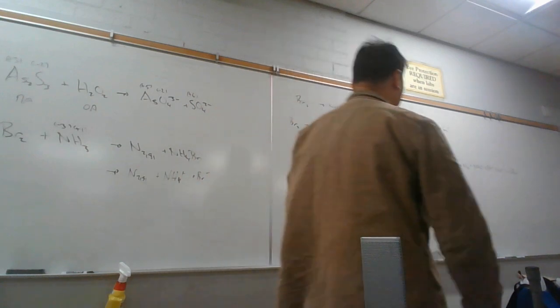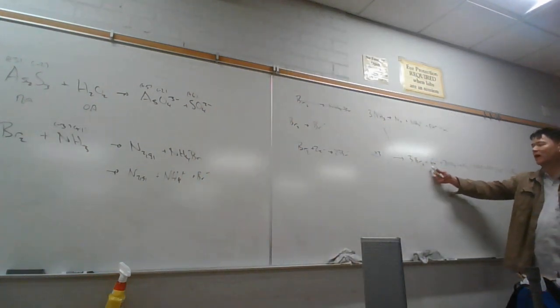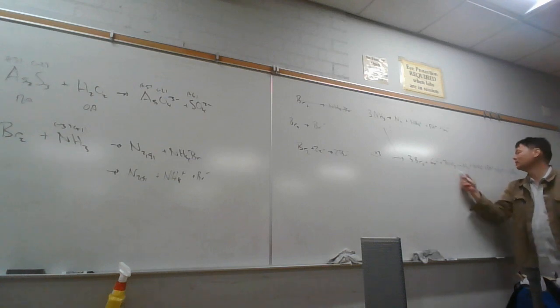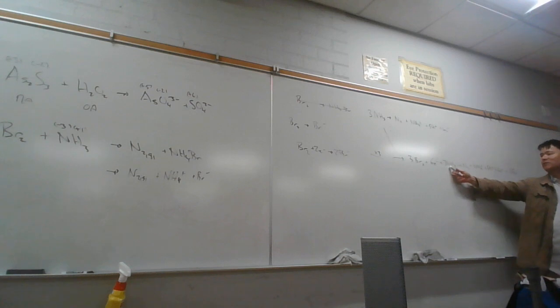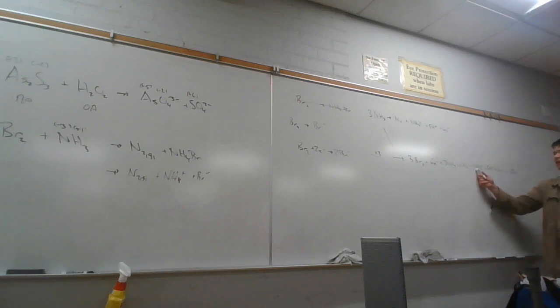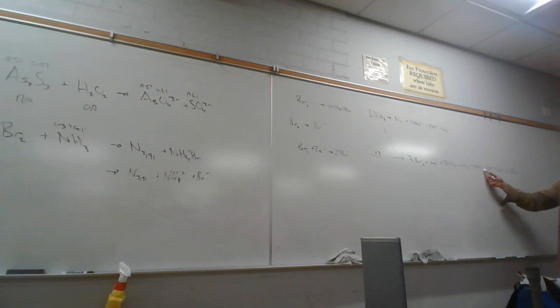And so what you have to do is make sure the charge and the atoms balance. And so we have 6 bromines here, 6 bromines here, 3 nitrogens here, 2 plus 1 is 3 nitrogens, and then 9 hydrogens, so that's 4 plus 5 is 9 hydrogens. And then we check the charge. This is neutral, neutral, neutral, plus 1, plus 6, minus 6. So the charge is balanced.